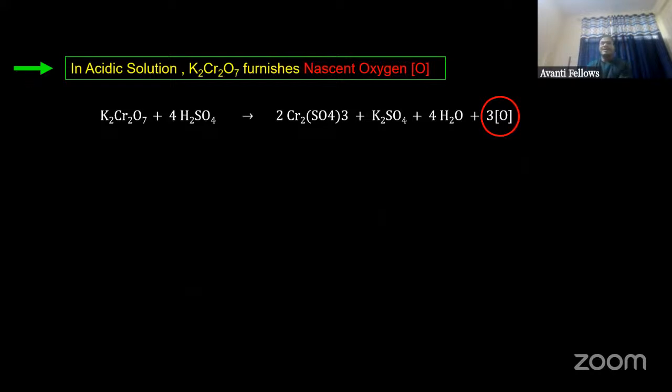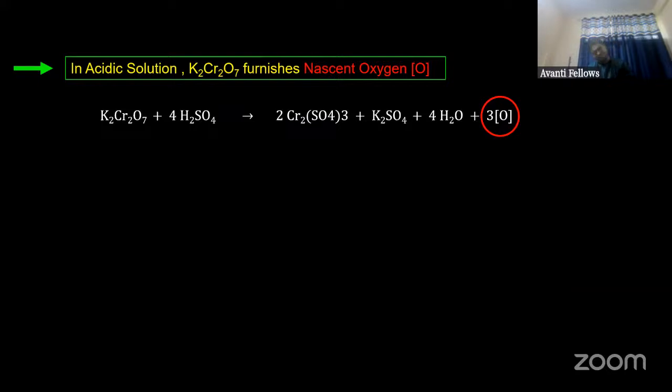Now, in acidic solution, this potassium dichromate, that is K2Cr2O7, furnishes nascent oxygen. And that is the reason why K2Cr2O7 is a very, very good oxidizing agent. Why? Because they provide nascent oxygen for the oxidation to take place, right?